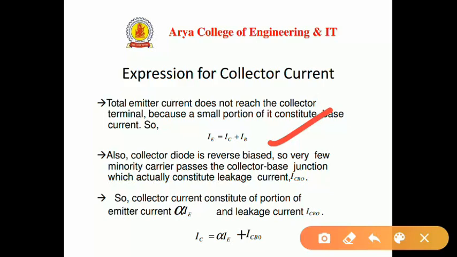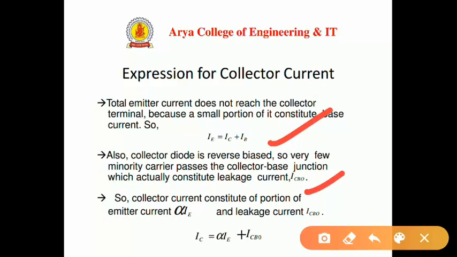And also the collector diode is reverse biased, so very few minority carriers pass through the collector base junction, which actually constitute the leakage current, that is ICBO. So collector current consists of a portion of emitter current, alpha IE, and leakage current ICBO.